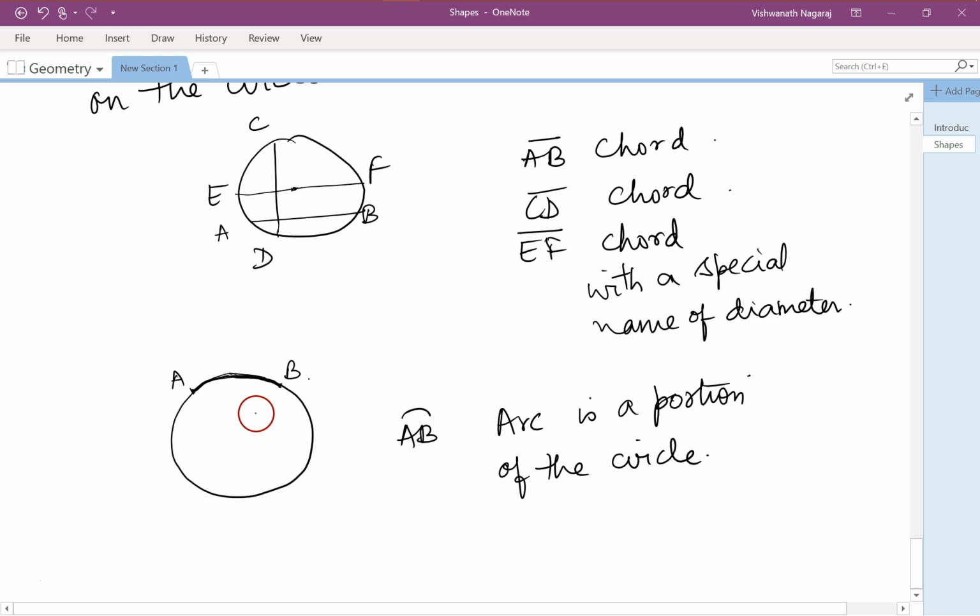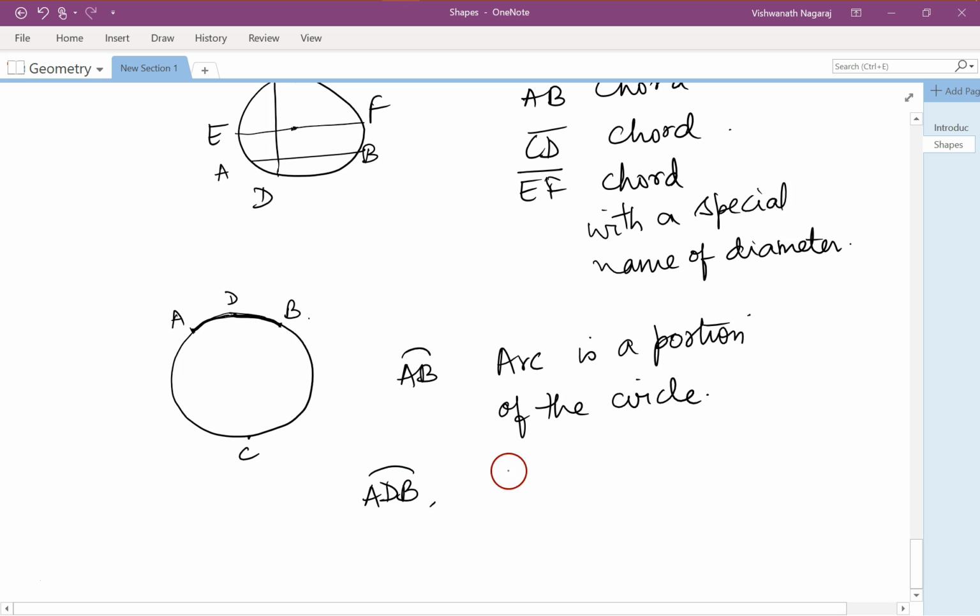But how do we refer to that? So put another point here. Let's say C, right? And put another point here. So now we can say ADB is one arc. So correspondingly, the other arc of the circle is ACB.